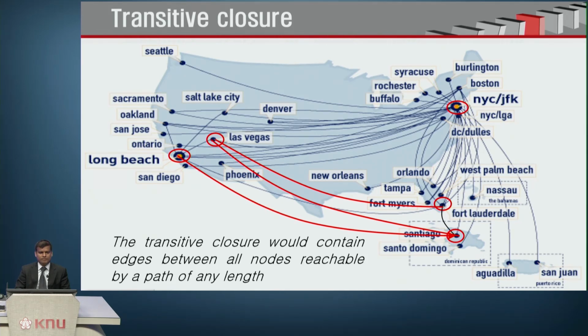As you can see, the transitive closure would contain the edge between all nodes reachable by a path of any length. So you can think of this transitive closure like going from say Long Beach to San Diego, San Diego to Las Vegas, Las Vegas to Fort Lauderdale. So these are different ways to reach by means of this transitive relation. As you see, the edge between all nodes can be reached by this path.